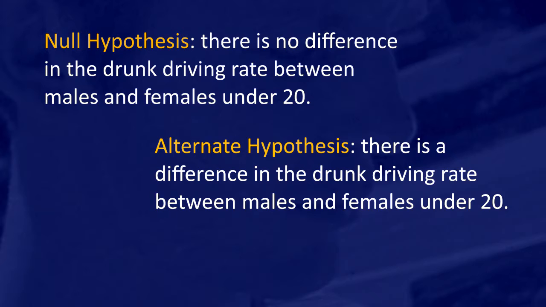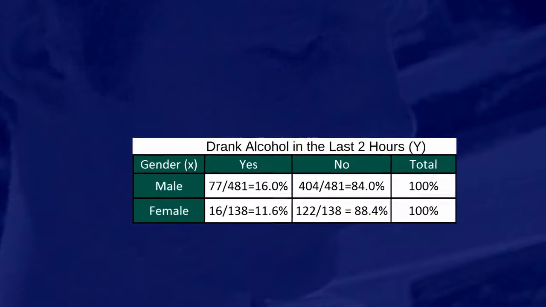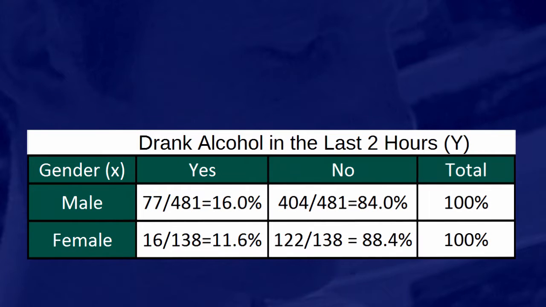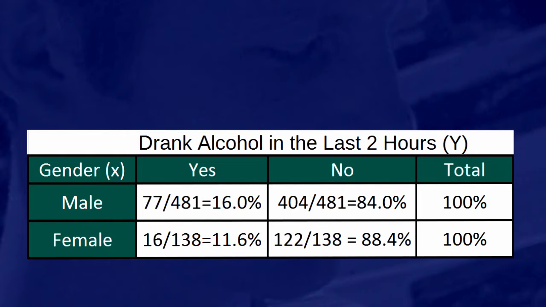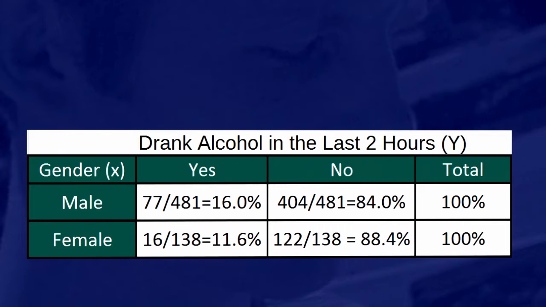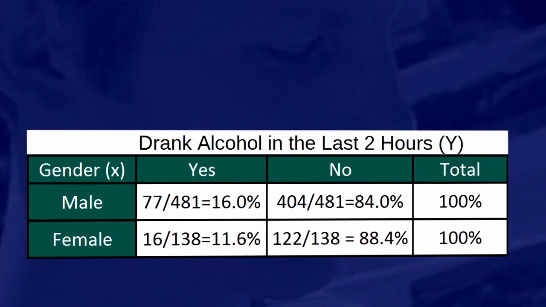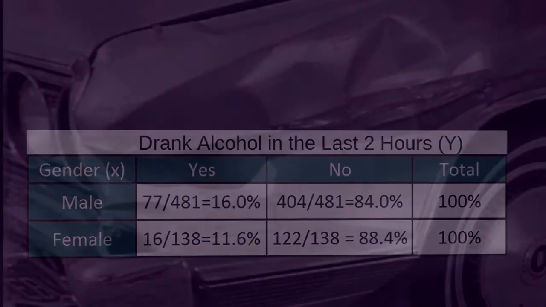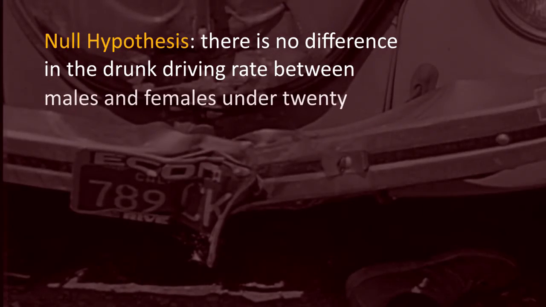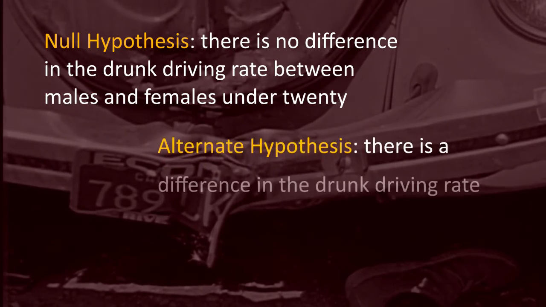In other words, is the evidence provided by the roadside survey, 16% versus 11.6%, strong enough to conclude beyond a reasonable doubt that it must be due to a relationship between drunk driving and gender in the population of drivers under 20? Or is the evidence provided by the roadside survey not strong enough to make that conclusion? And could this have happened just by chance? That is, due to sampling variability and not necessarily because a relationship exists in the population.